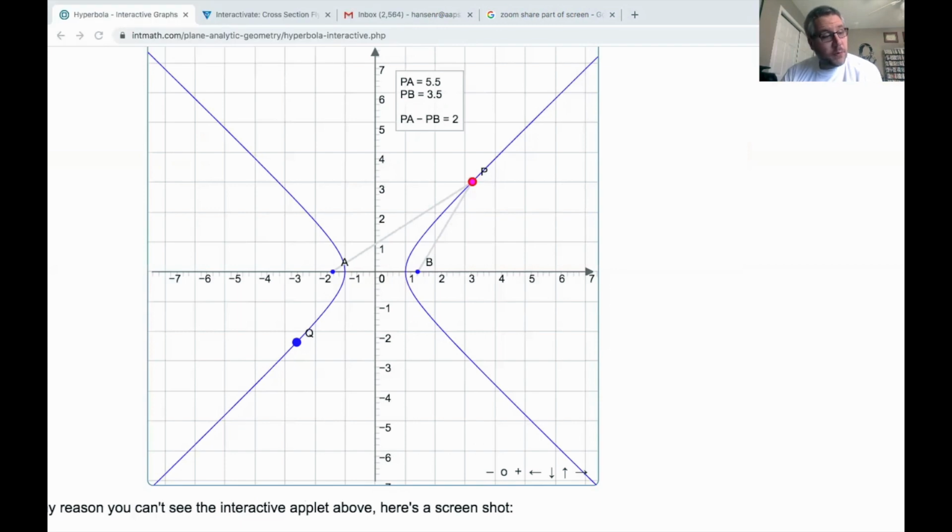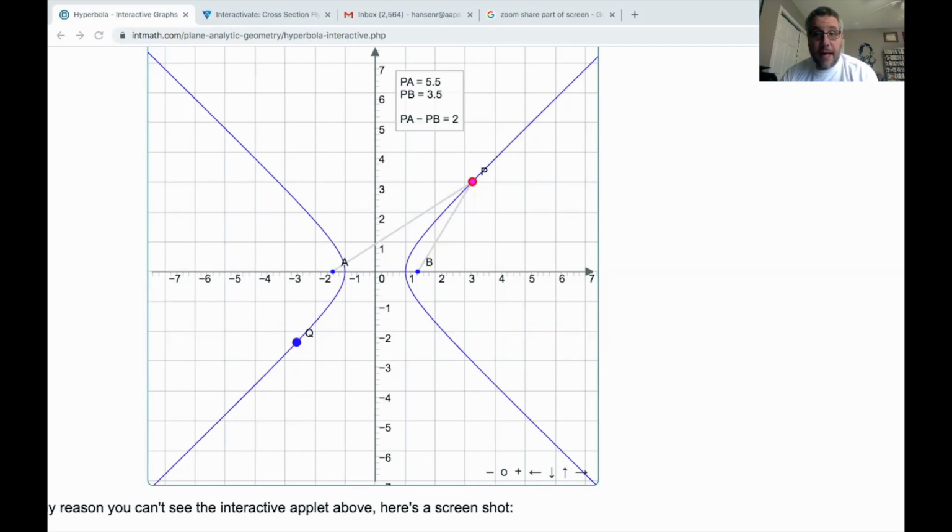Now, your textbook will say that a hyperbola is the set of all points (x, y) in a plane, the difference of whose distances from two fixed points called the foci is a positive constant. So now, instead of the ellipse where it was the sum of the distances from the foci, now it's the difference.